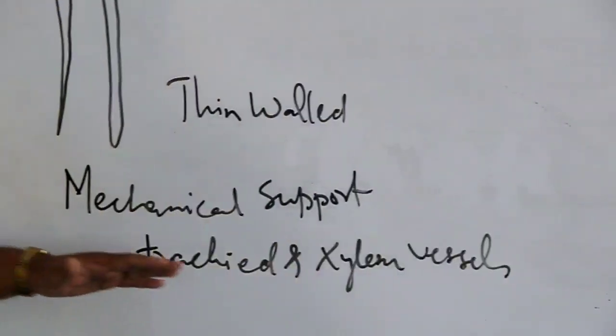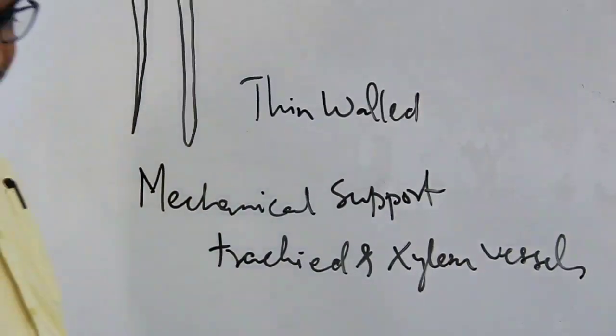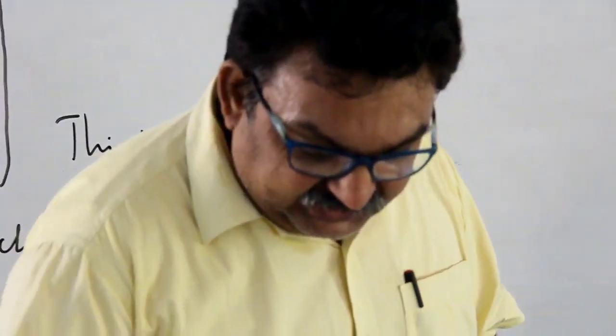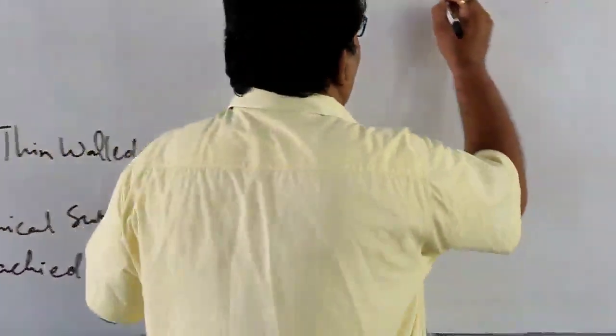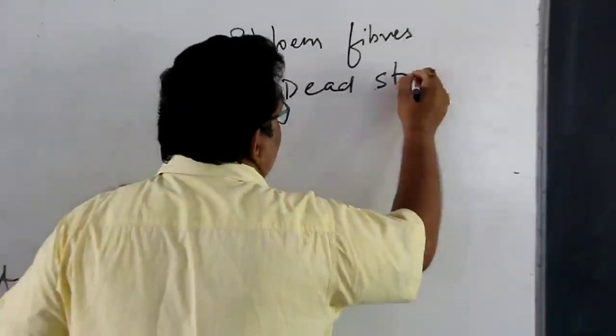As they are found between vessels, they provide mechanical support to the plant. And then you have the phloem fiber, which is a dead structure.